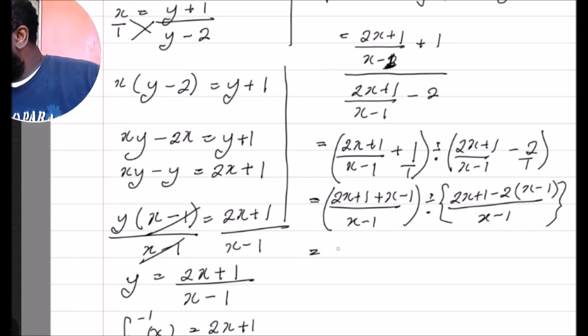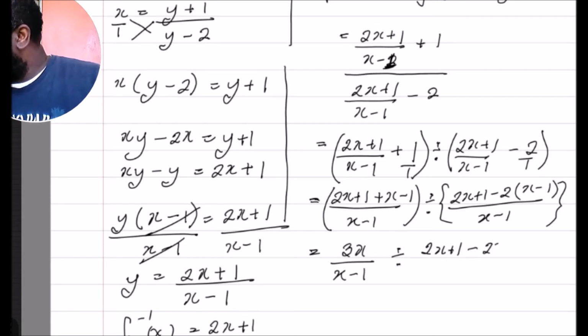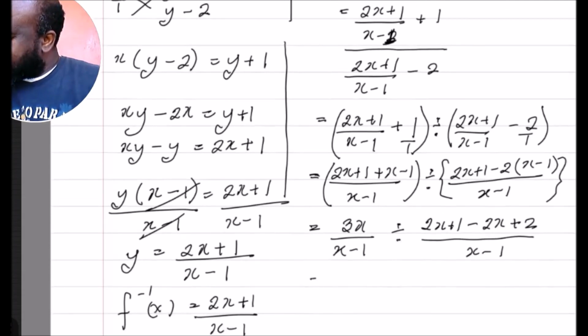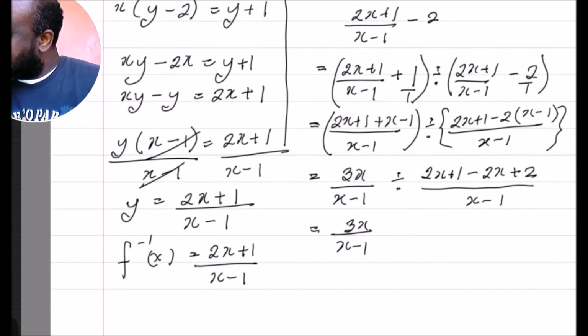For the numerator, I'm going to end up with 3x over x minus 1. Divide by the denominator, I'm going to end up with 2x plus 1 minus 2x. Negative times a negative is a positive, plus 2. And this is over x minus 1. So then I'm going to have 3x over x minus 1.